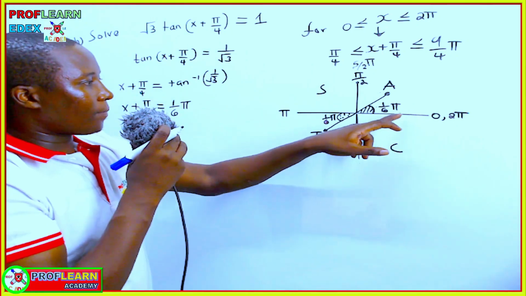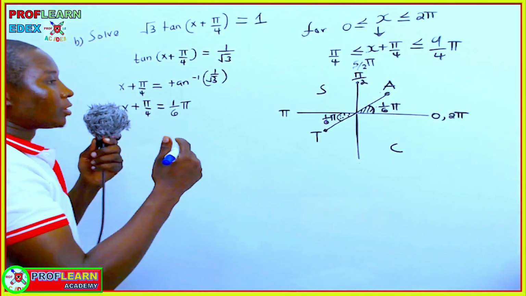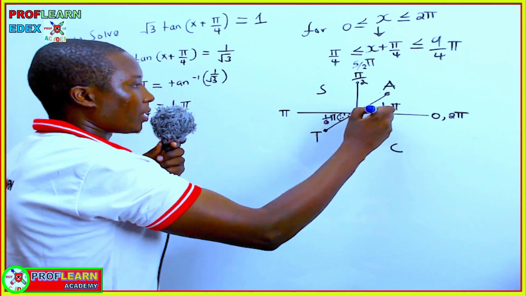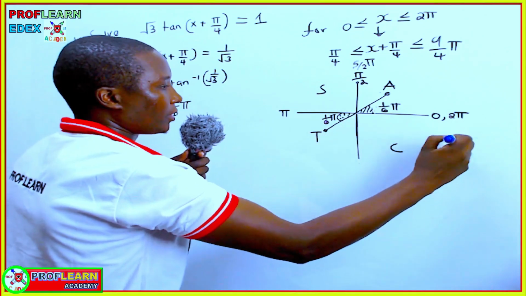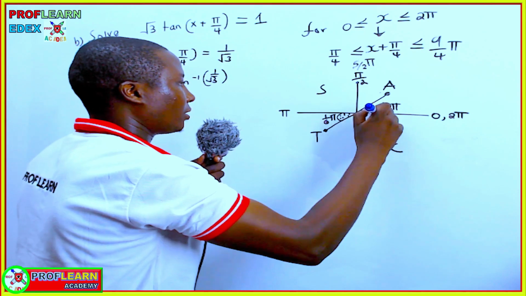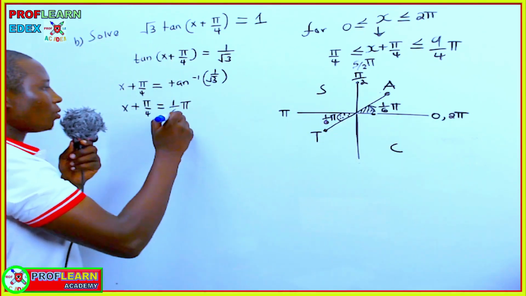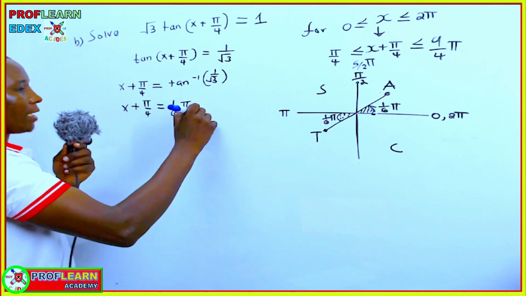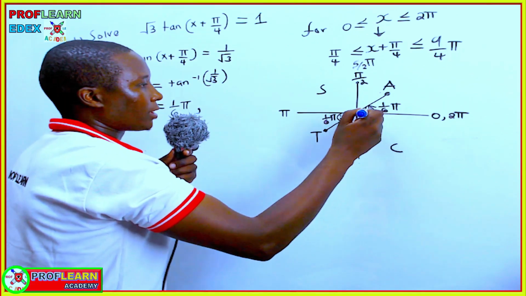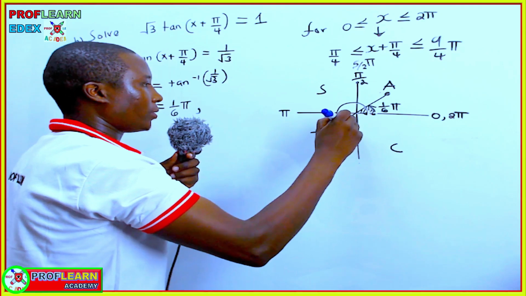So we have 1 over 6 pi. This side is 1 over 6 pi. So the first angle that we are going to take is the angle that is measured from the x-axis in that direction, that will be 1 over 6 pi. The other angle is the angle that is measured from the x-axis all the way to this point that we have here.